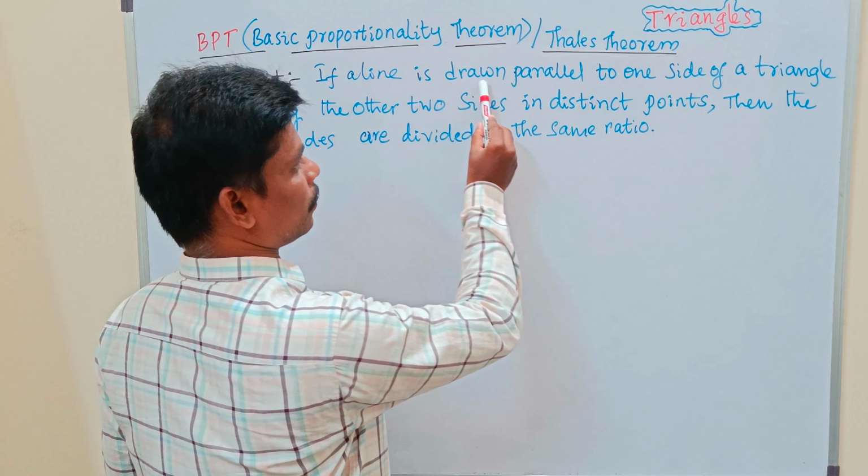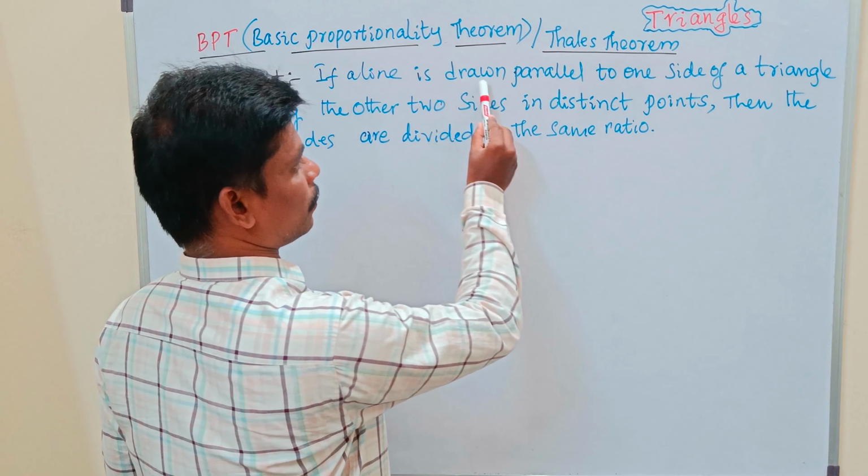That is given: DE is parallel to BC. Intersecting the other two sides in distinct points, then the other two sides are divided in the same ratio. So AD by DB and AE by EC. That is to prove.